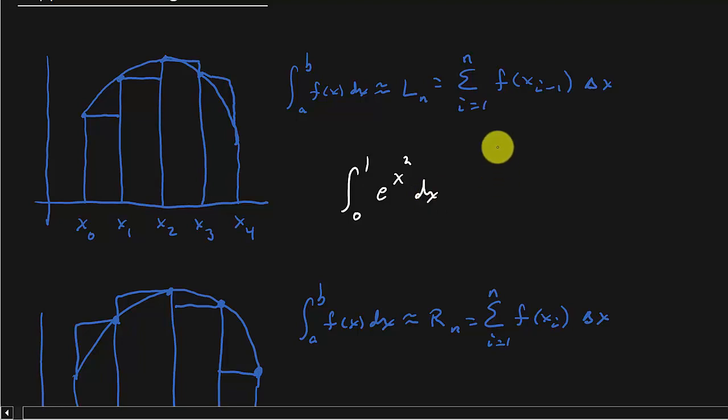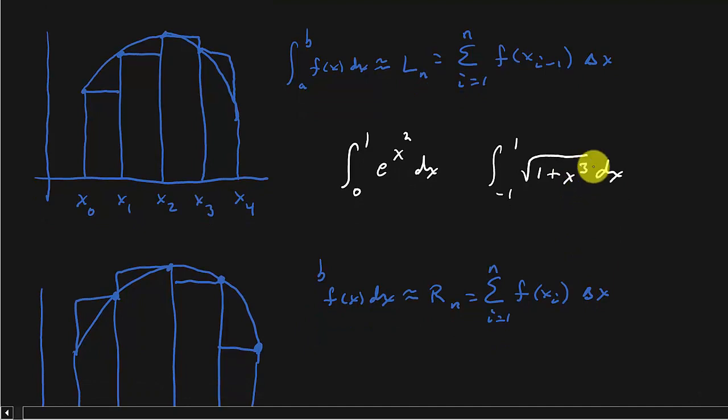Or if we had something like this, negative 1 to 1 square root of 1 plus x squared dx. Or, well, let's see, not x squared, x cubed. We can't integrate that. So we need other means of evaluating these integrals.